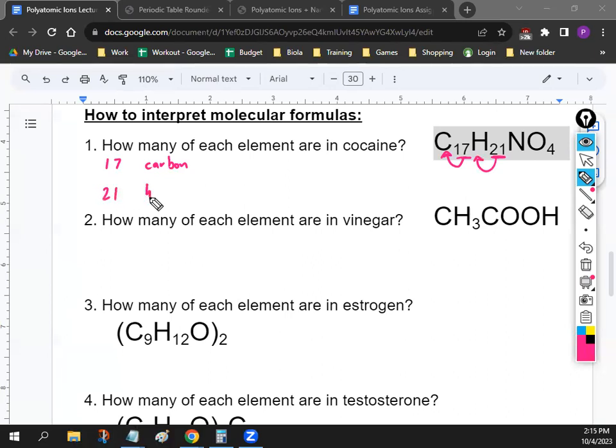If you look at N, there's no number. If there's no number, that means you have 1 of that element. And obviously for oxygen, you have 4. Any questions about that? Hopefully it's not too bad. We've been talking about this for a while.